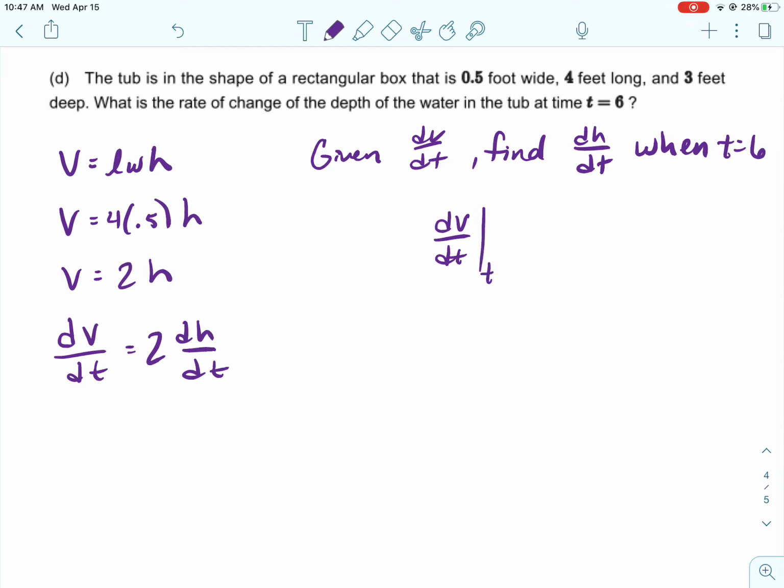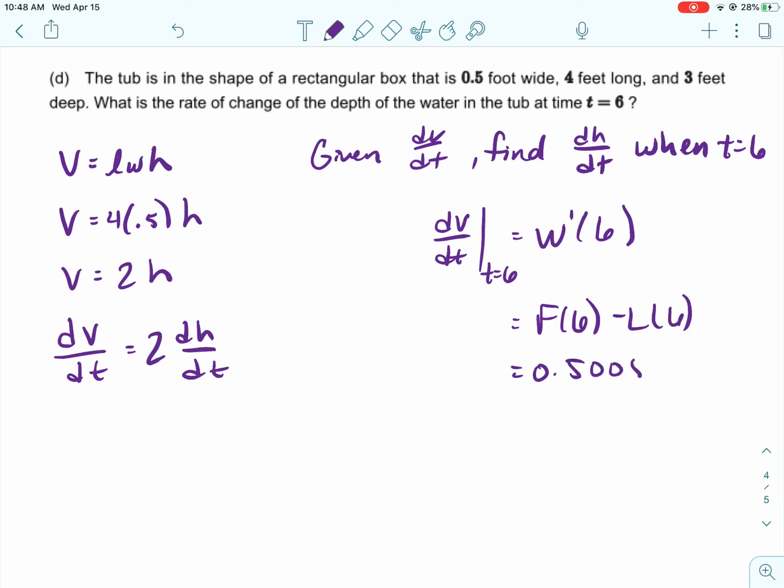All right, so we are given dV/dt. We just have to find it. So dV/dt at our magic moment, t equals 6, is just found by doing w prime of 6. And at 6 minutes, the water is leaking out, so it's going to be f of 6 minus l of 6, which is 0.050058.